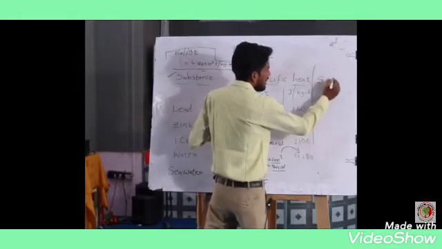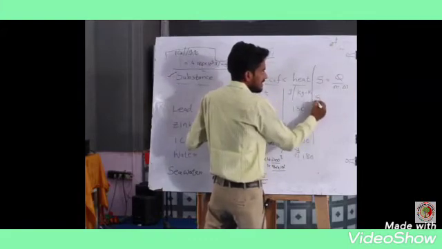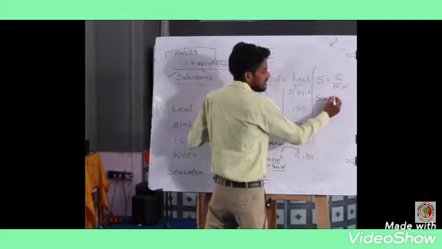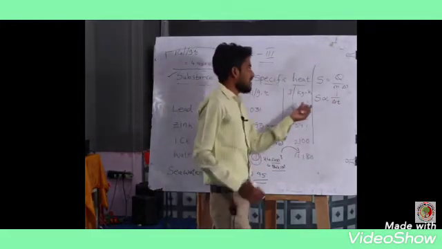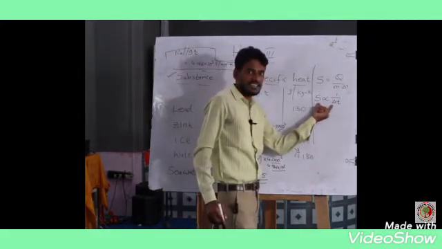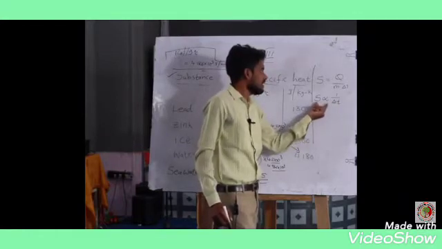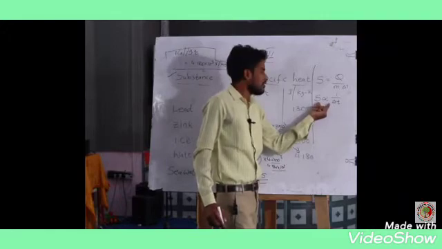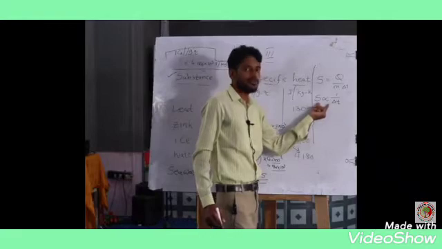Specific heat formula: S equals Q by M delta T. S is inversely proportional to delta T. That means when specific heat is high, the rise or fall of temperature is low, because the relation between specific heat and temperature change is inversely proportional.